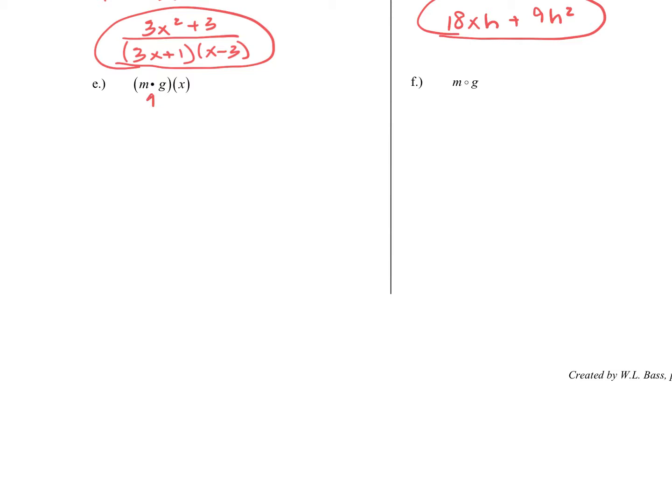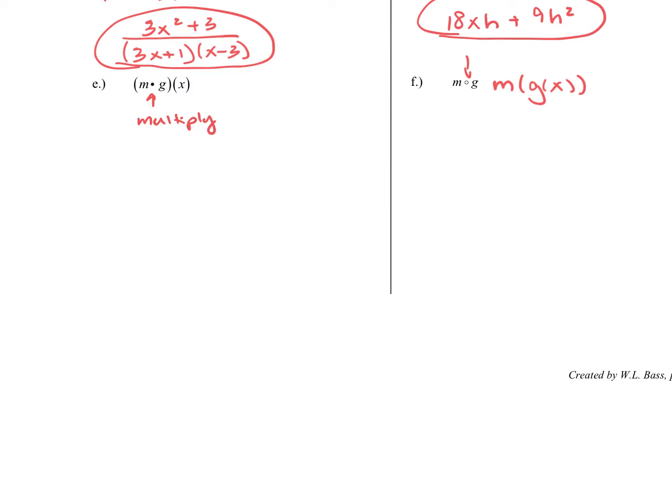This dot here means to multiply the 2 expressions and create a new function. This open circle here is our function composition notation, and it means that we're going to find a new function that's m of g of x. So make sure that you're looking carefully at those 2 different expressions and notations.